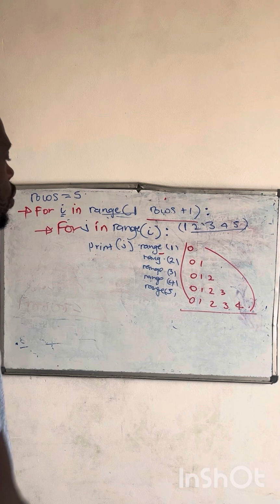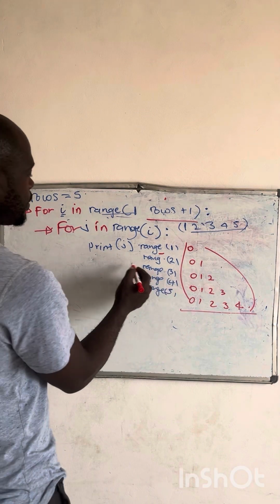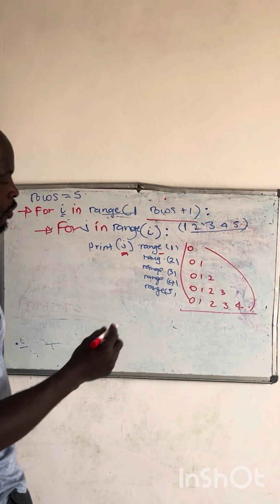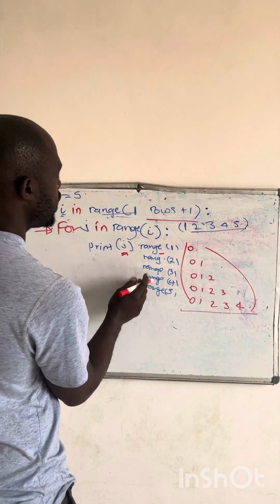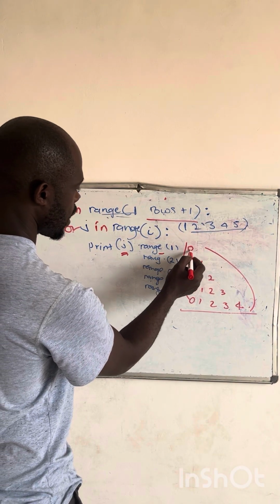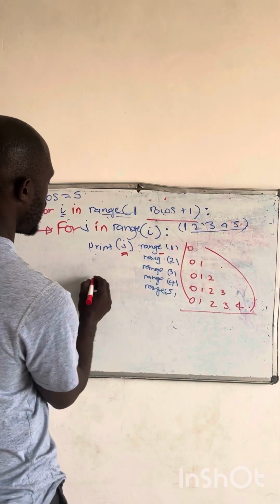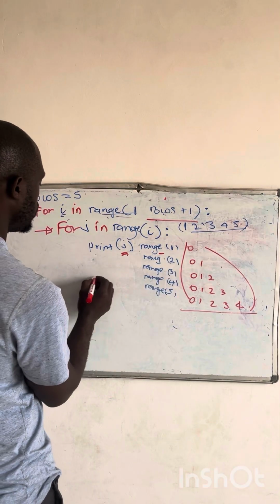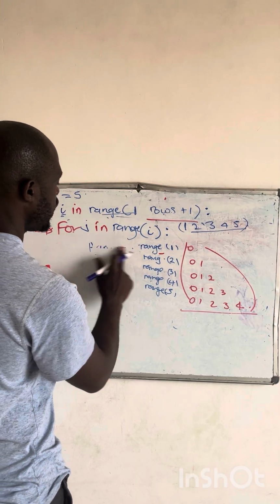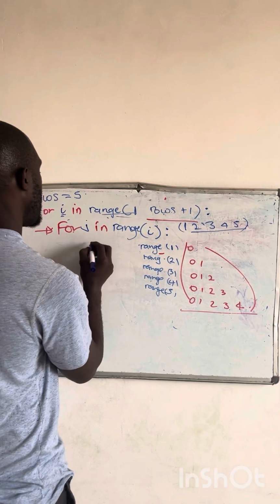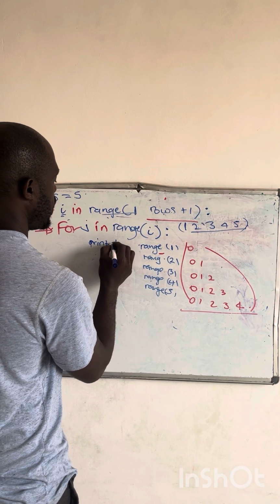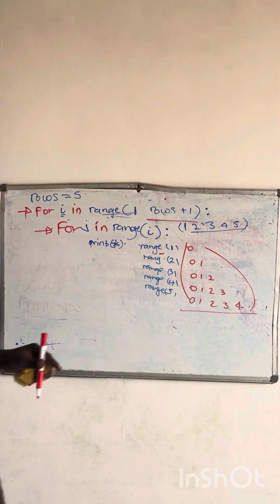Now instead of printing j, if you want to come up with the other figure that I showed you, we are going to remove print j, and we are going to say print our star.